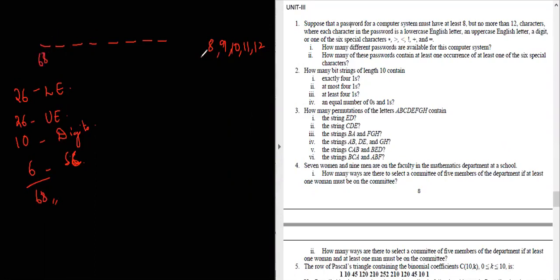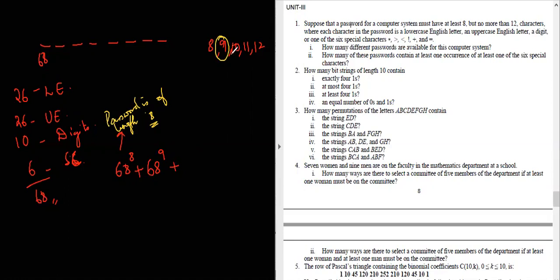So if we have an 8-lettered password, we can fill it in 68 power 8 ways. Correct. So this is for when the password is of length 8. Now, what if the password is of length 9? When the password is of length 9, again we will have 68 power 9. Okay, why? Because one extra blank will be added and it can again be filled in 68 ways.